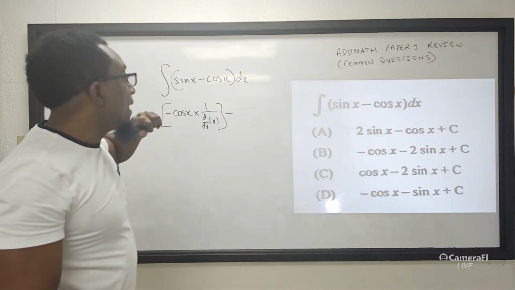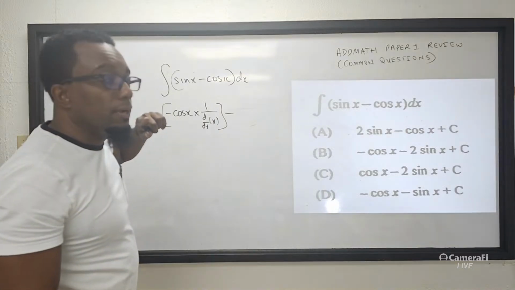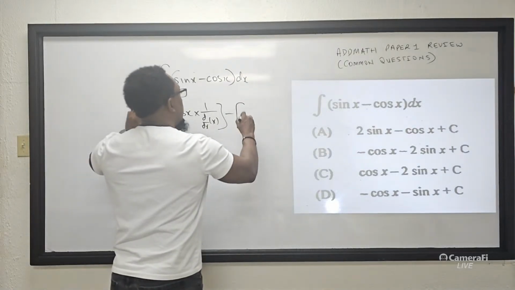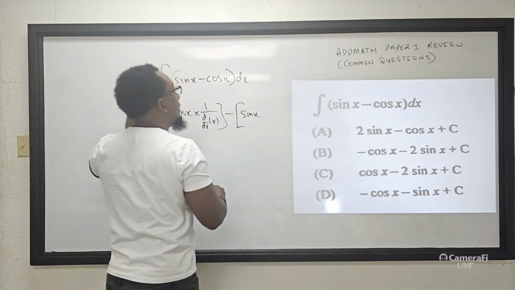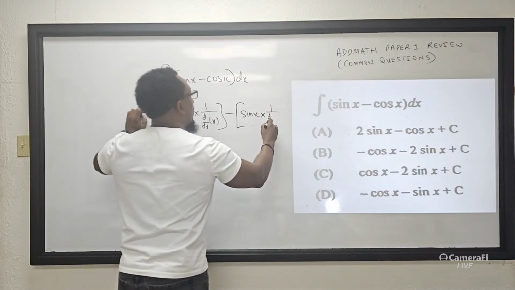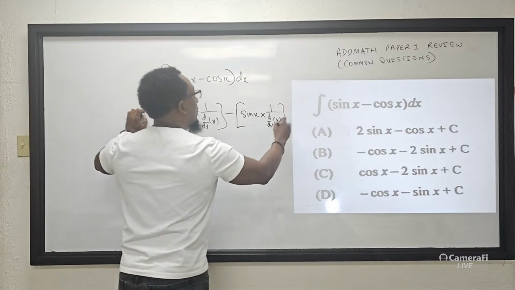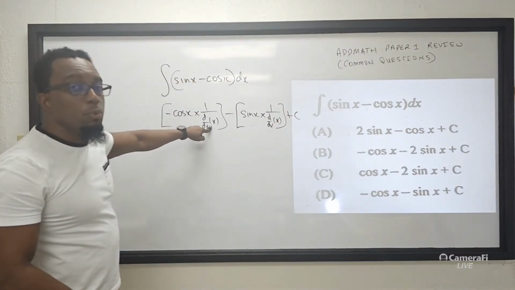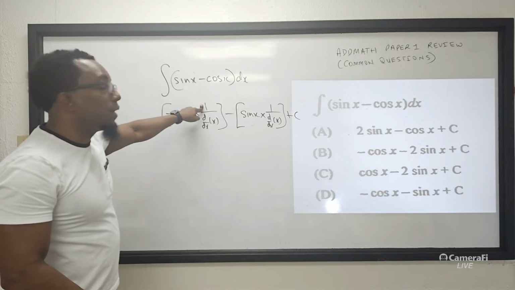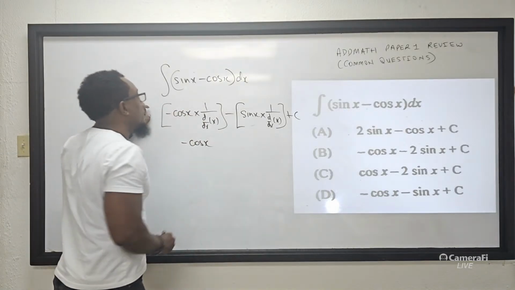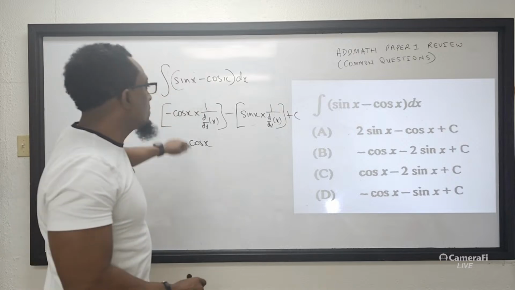And we have now, let's find the integral of cos the angle. The integral of cos the angle is sine the angle times 1 over the differential of the angle. So the differential of x is 1, 1 divided by 1 is 1, 1 by minus cos x is minus cos x.